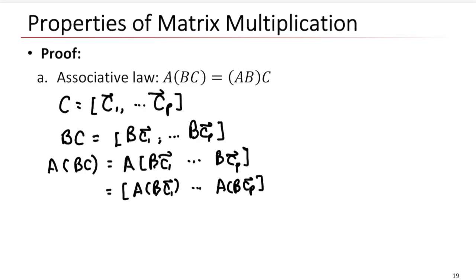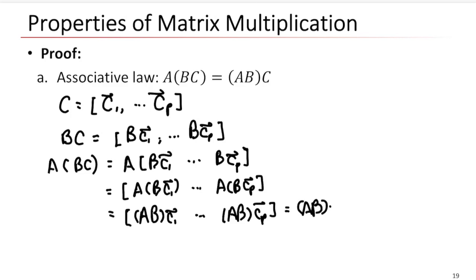Then by definition of A times B, this will be (AB)c1 through (AB)cp, right? So it means that it will be AB times the matrix C. So this is the left side, and this is the right-hand side. So this is the proof of the associative law.